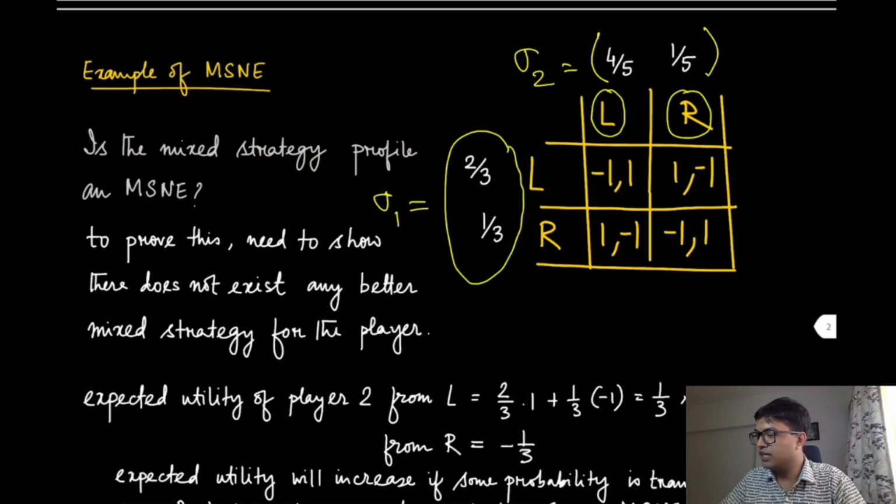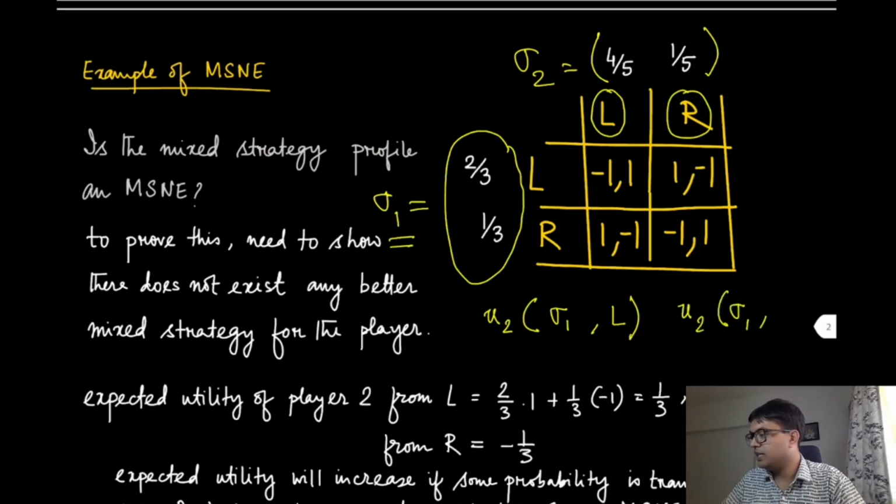You can write this as the utility of player 2 when the second player is choosing L and the first player is choosing this sigma 1. I'm using the same sigma 1 here, which means 2/3 and 1/3. And contrast that with the utility of player 2 when player 1 is choosing sigma 1 and the second player is choosing R.